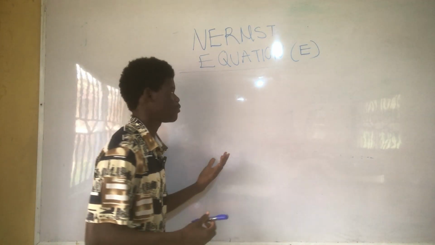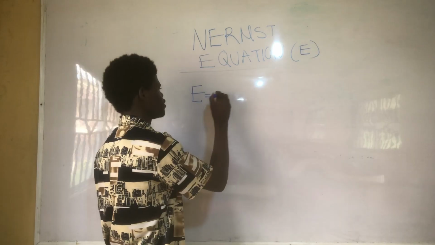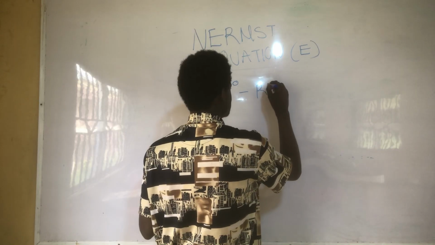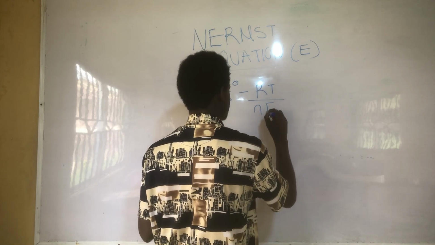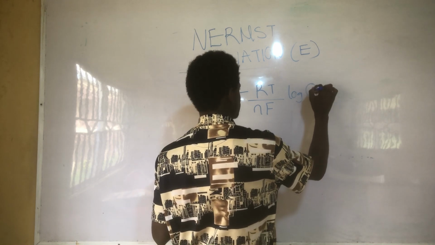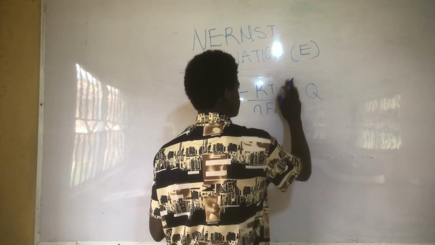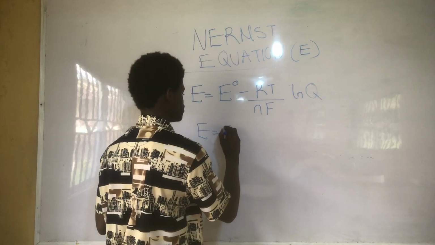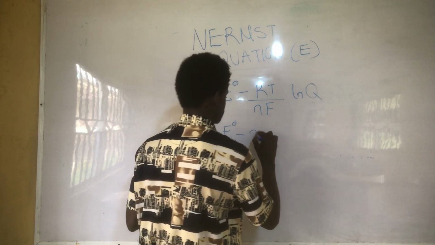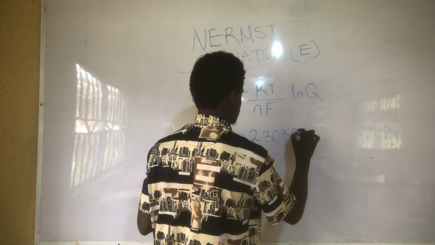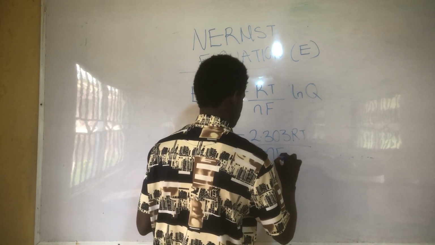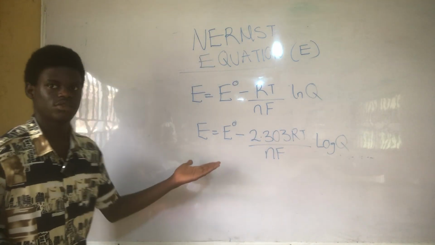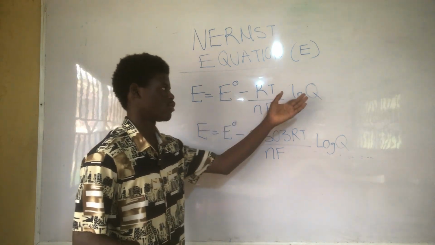So the formula for the Nernst equation is E is equal to the standard EMF minus RT over NF ln Q. Or it can also be that the EMF is the standard EMF minus 2.303 RT over NF log Q. So you can either use this one or this one depending on your calculator.